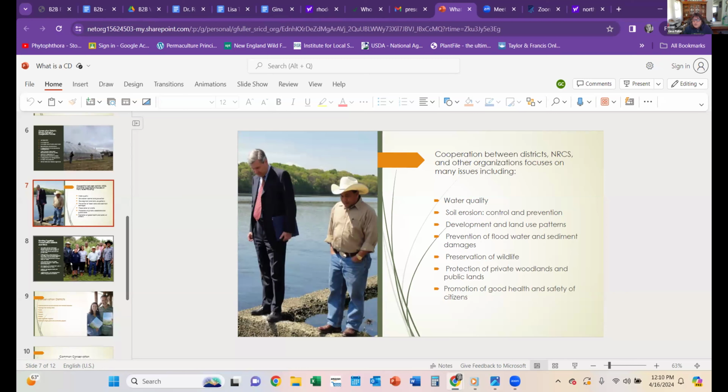We have this very close relationship with NRCS, and NRCS is using US Farm Bill money to run all of these programs and host cooperative agreements with the conservation districts. That US Farm Bill money in Rhode Island translates to about $3 million a year direct into the hands of farmers to accomplish their conservation goals.